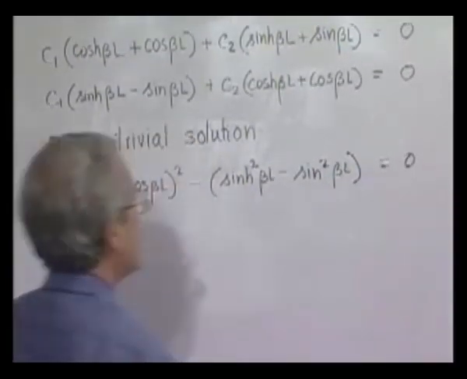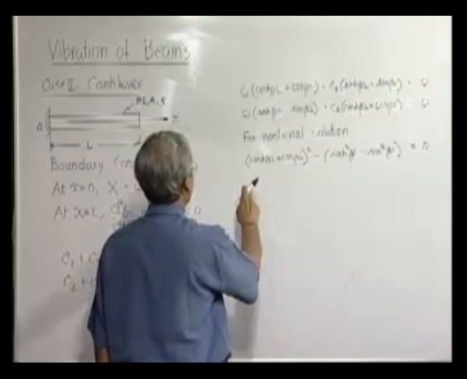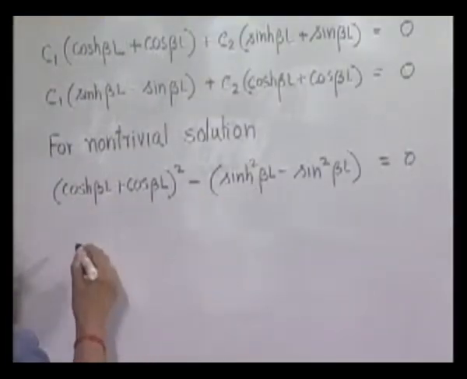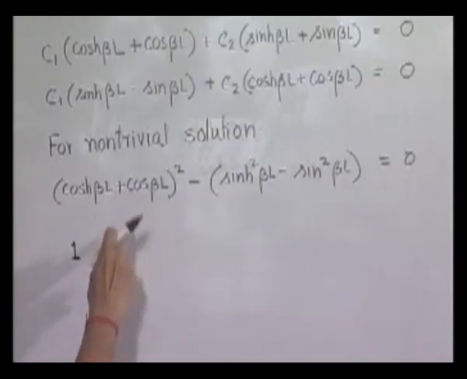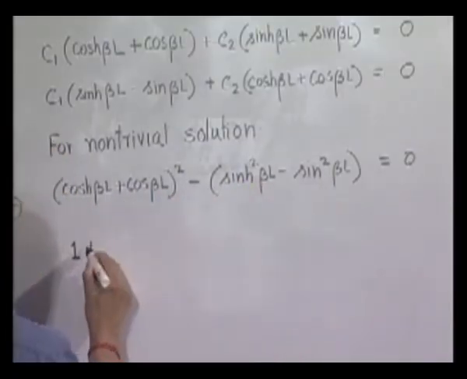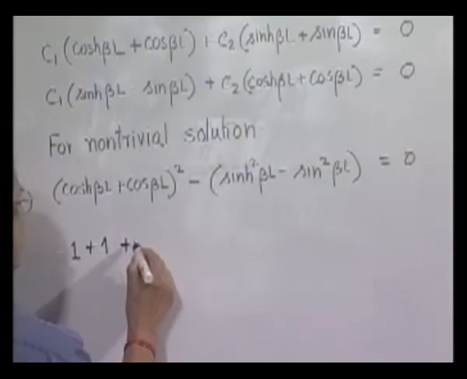That determinant must be equal to 0. So if we expand, cosine hyperbolic square beta L minus sine hyperbolic square beta L is equal to 1, then cosine square beta L plus sine square beta L will be another 1. What will we be left with? 2.